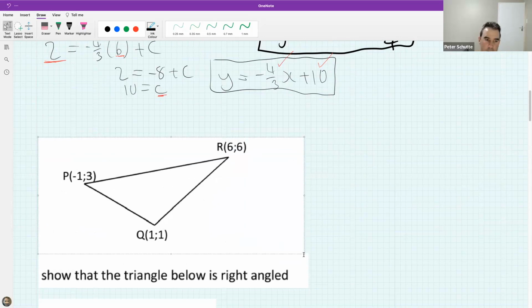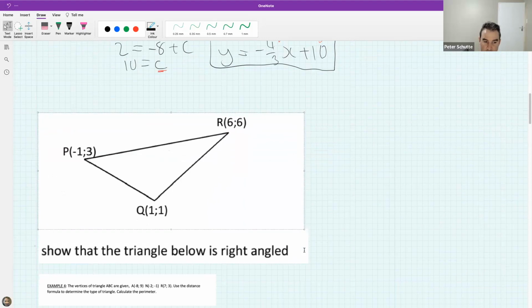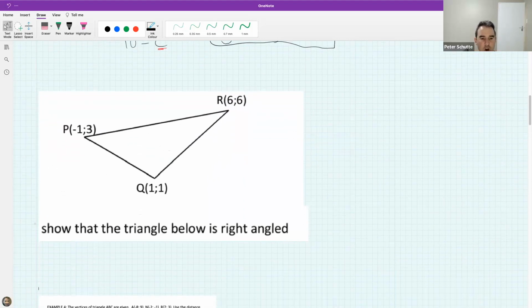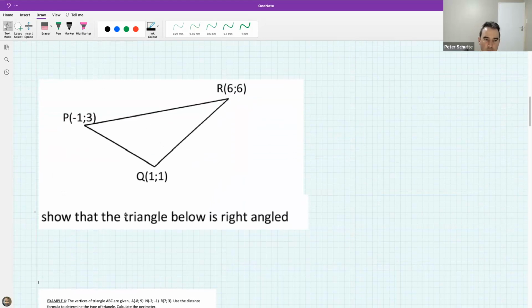And this triangle could be on a Cartesian plane, or it could just be standing in free space. And it says, show that the triangle below is right angled. Who has some suggestions about what tool we could use to prove that this triangle is right angled? And which angle do you suspect is the right angle, if it is indeed right angled?